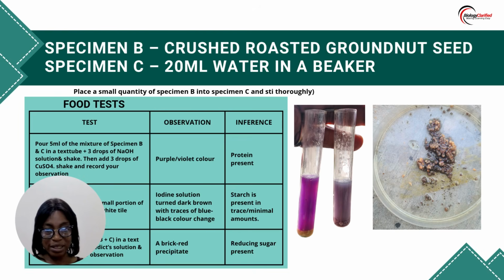But one thing that is significant about groundnut is that not all the crushed groundnut seed turns blue black, so you need to be very sensitive. Some parts retain the color of the iodine. Some parts show a trace of blue black change, meaning that groundnut seed contains carbohydrate in a trace amount. That's it.